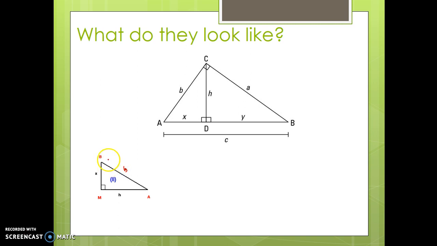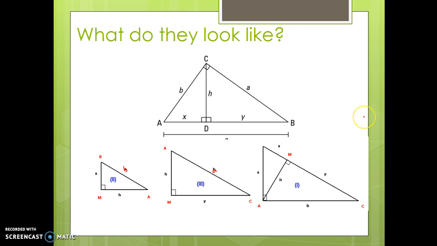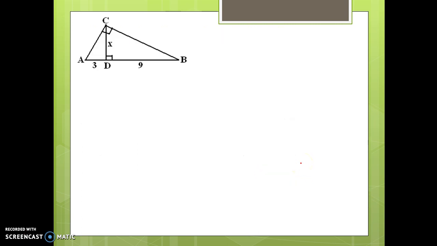You have your medium triangle that has the H and the Y, and the A is the hypotenuse. And then you have your large triangle that has the A and the B, and then the X and the Y as your hypotenuse.